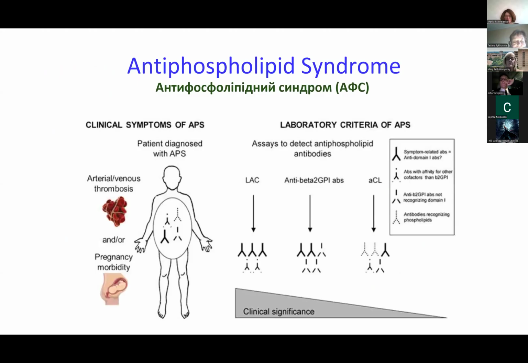So antiphospholipid syndrome is really a clinical diagnosis, and it requires some clinical symptoms. Usually there has to be one or more arterial or venous clots. Arterial clots can be something that causes limb ischemia, finger ischemia, pulmonary embolism, stroke, kidney infarcts, and venous is obviously the venous clots.